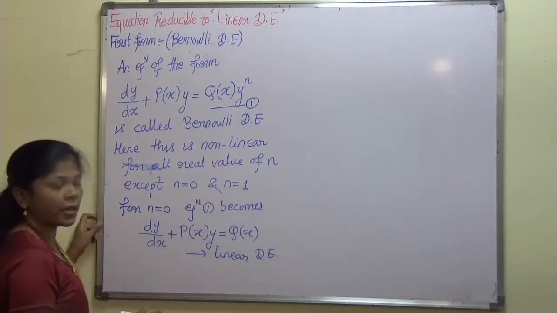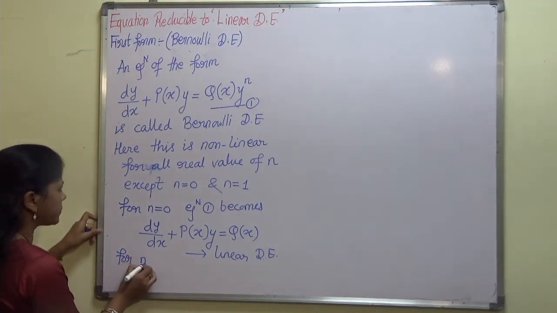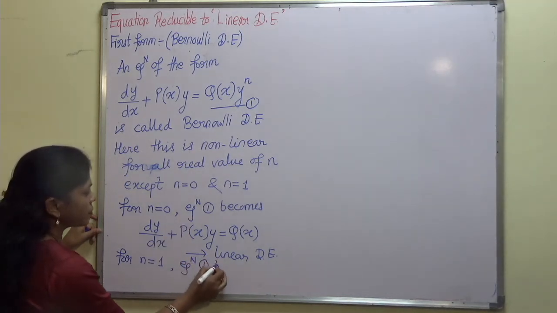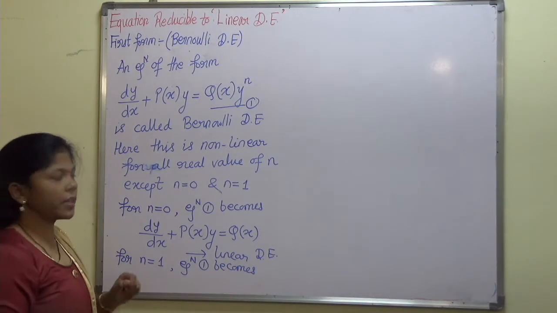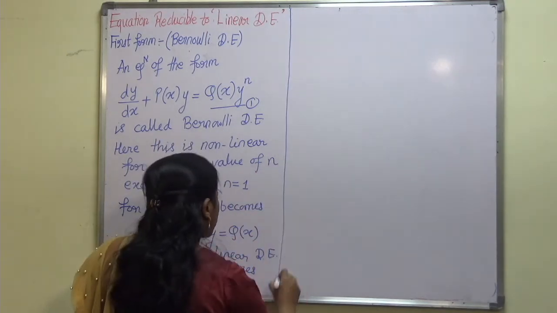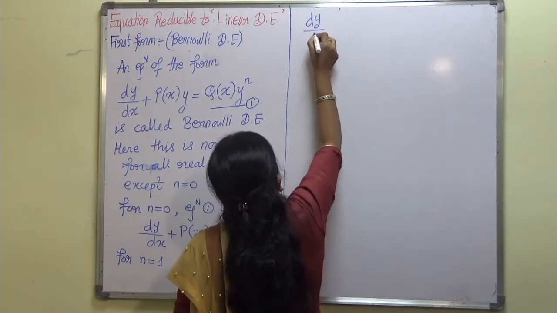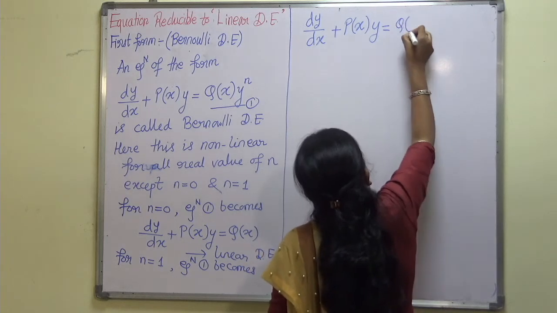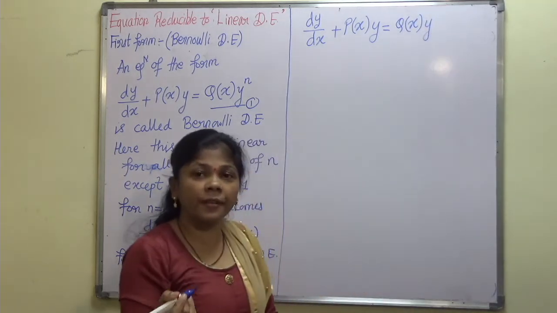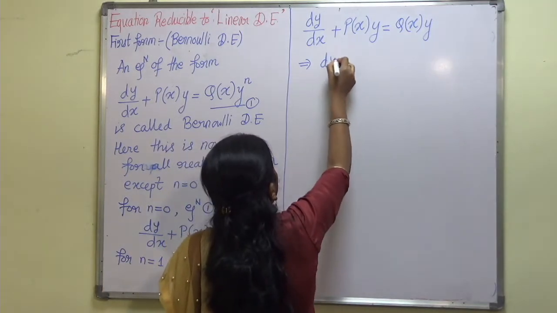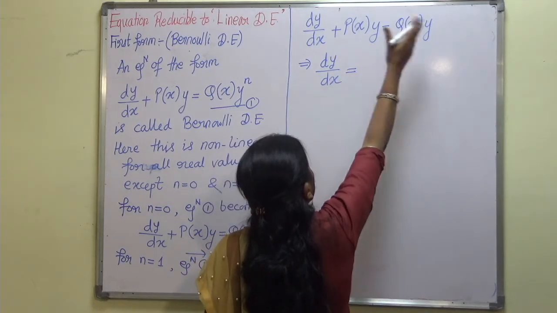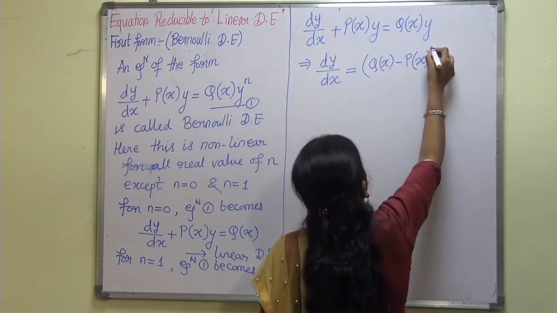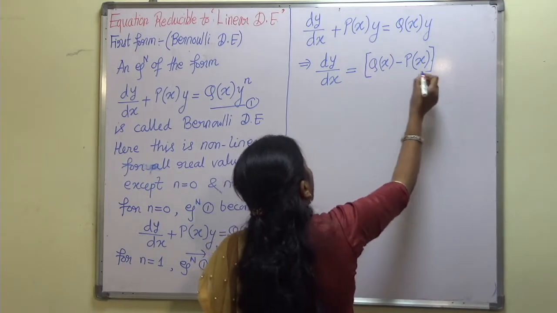Now what will happen if I have n equal to 1? For n equal to 1, equation 1 becomes dy by dx plus p of x into y is equal to q of x into y, which can be further rewritten as dy by dx is equal to, taking this on the right hand side, q of x minus p of x into y, right?